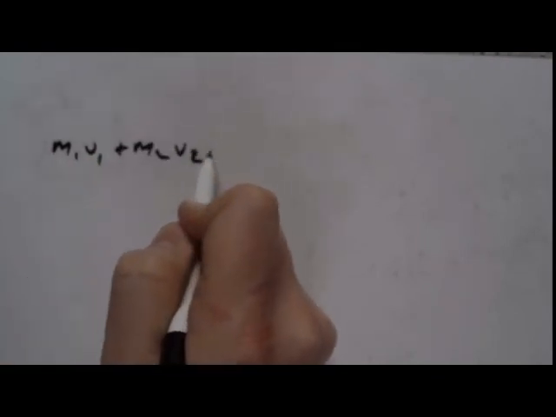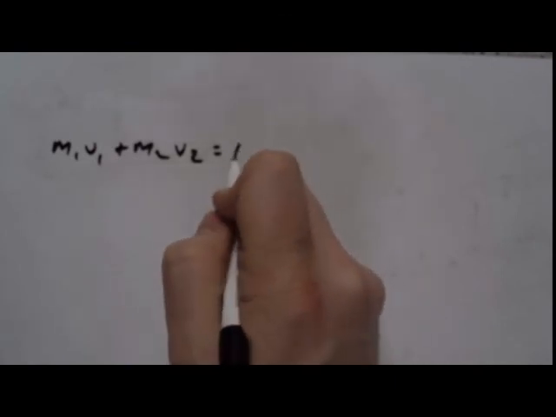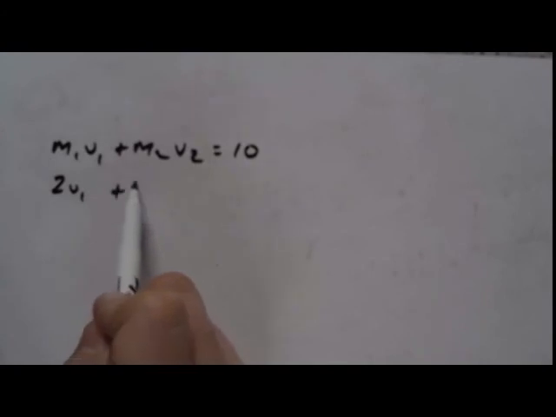And then, what do we know going in the after table? We know that the momentum afterwards, m1 v1 plus m2 v2, has to equal 10 because that's what it equaled before. So that's 2v1 plus 3v2 equals 10.